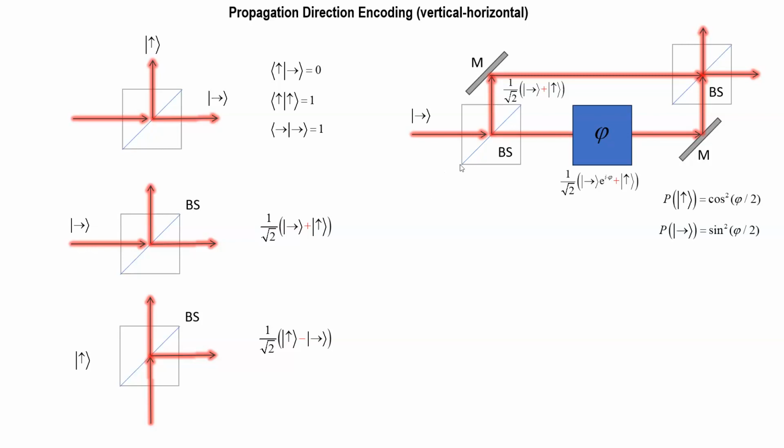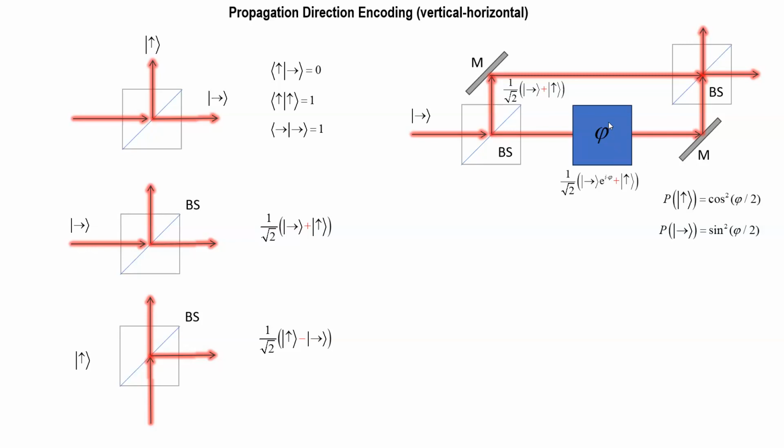If you look closely at this optical setup, we notice the first beam splitter that works as the Hadamard gate. Then we have another gate which changes the phase of one of the states of the qubit, which is the P gate. And then we have another Hadamard gate as a beam splitter that closes the interference.